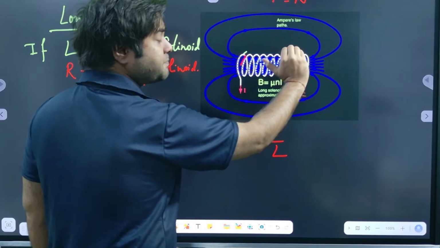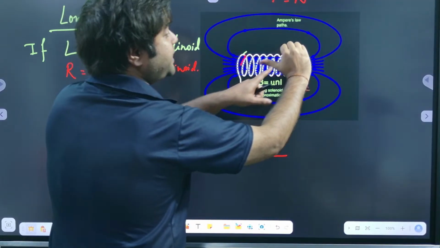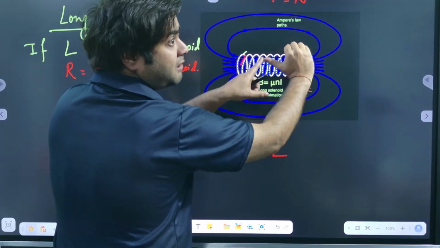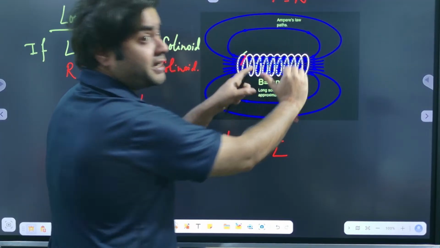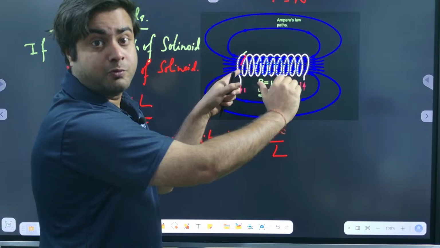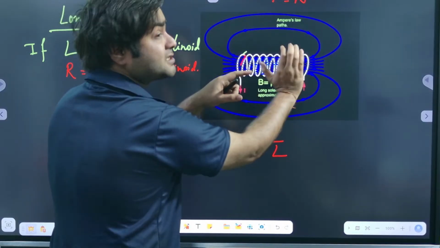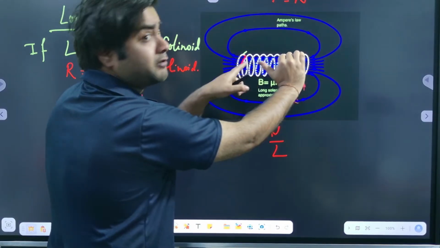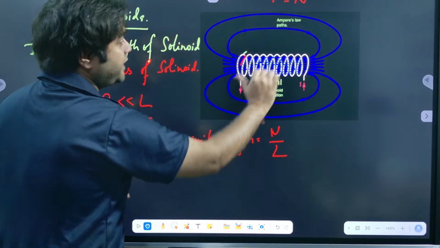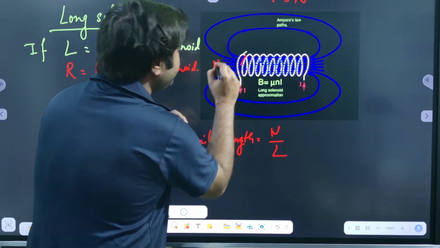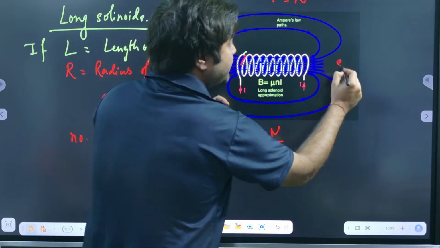If this curl is representing the direction of the current, then your thumb will represent the direction of north pole. अब देखो इस साइड में तुम्हारा नॉर्थ पोल बन रहा है, इस साइड में तुम्हारा साउथ पोल बन रहा है.